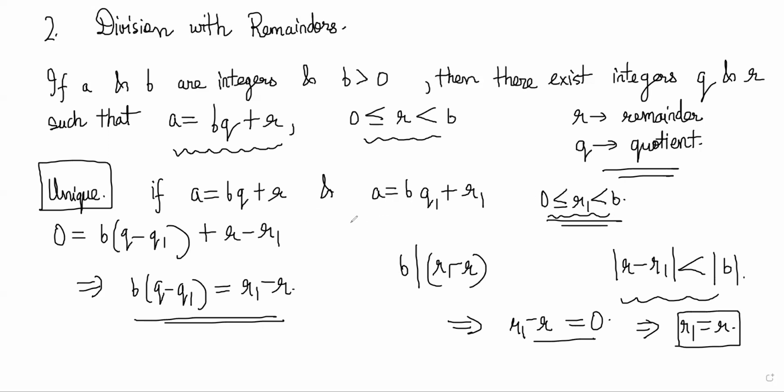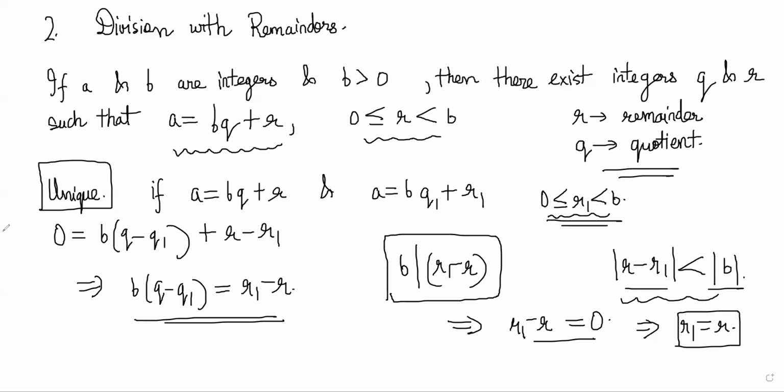So basically we are saying that there cannot be two different representations when you divide a by b, right? You will get only a single quotient and a single remainder. This is a unique representation. And we are using the fact that b divides r1 minus r and mod of r1 minus r is less than b implies that r1 minus r must be 0. This is one of the properties that we discussed just now.